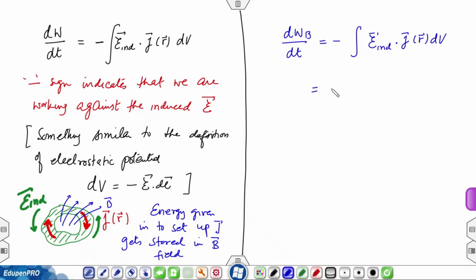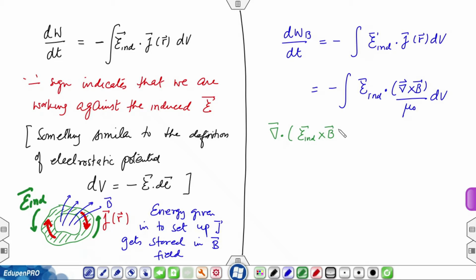So, I am going to write this as integral E induced dotted with curl of B that is being set up divided by mu 0 times dV. I am going to now use a vector identity, where we know that divergence of E induced cross B is equal to B dot curl of E induced minus E induced dotted with curl of B.